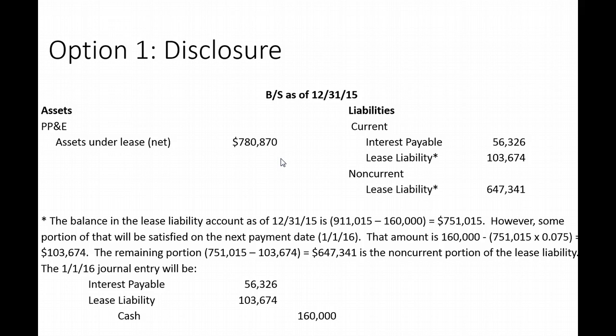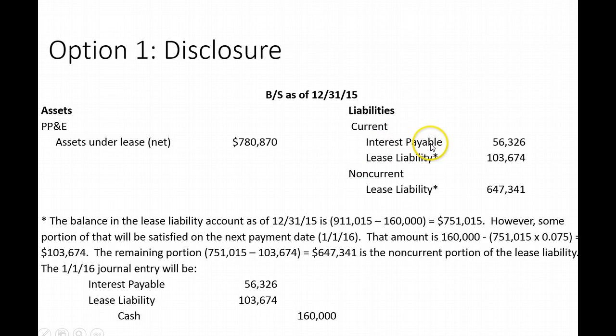And so technically, we need to figure out how much of that $160,000 payment is going to go towards satisfying the lease liability. We have actually already done the calculations necessary to figure that out. Of the $160,000 that we're going to pay, $56,000 of that is going to go to satisfying interest payable.